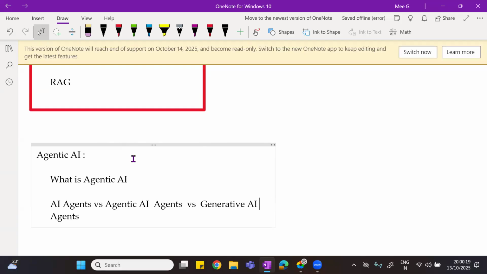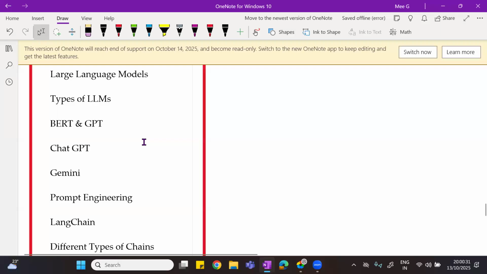It's going beyond. I will cut off this Gen AI agents. Now, this is like something, guys. Here, these agents are provided with tools.